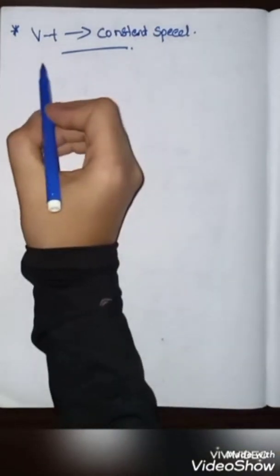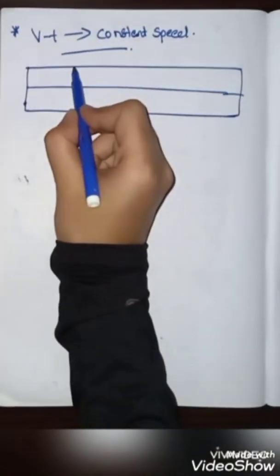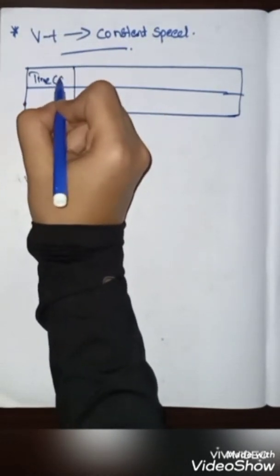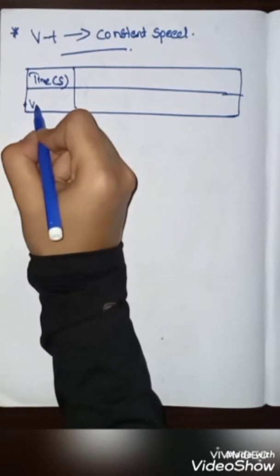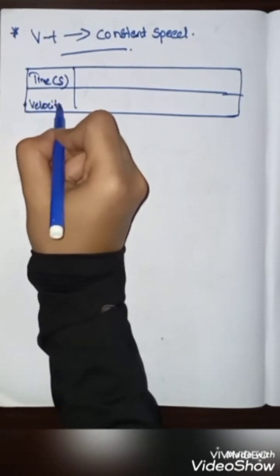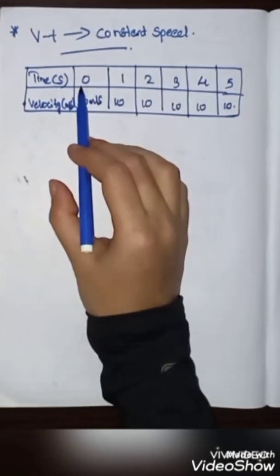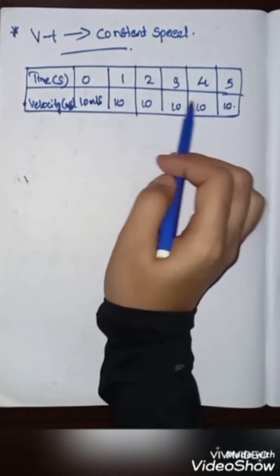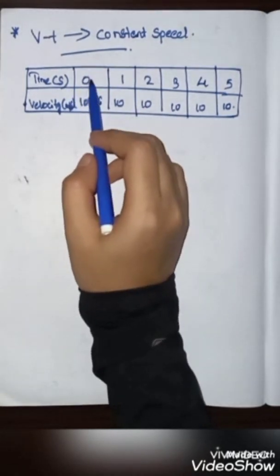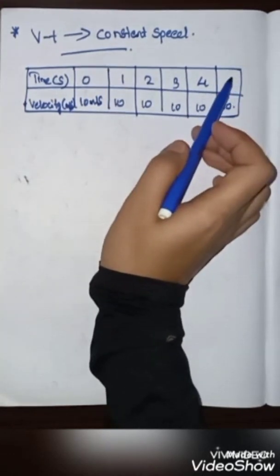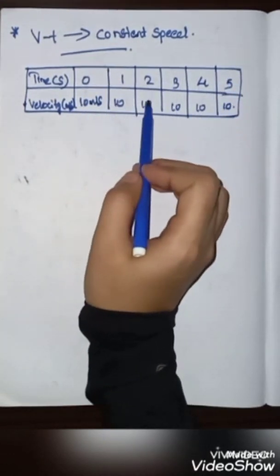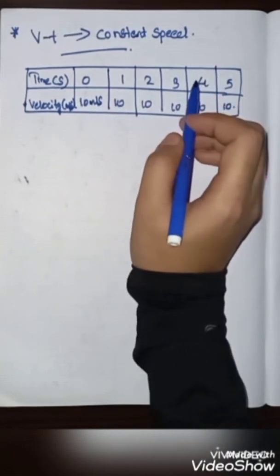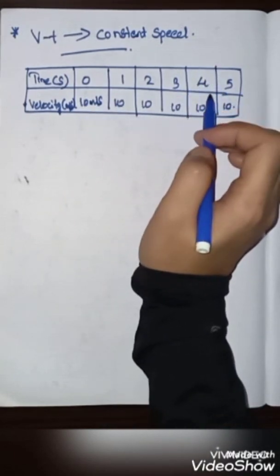Here the question gives time in seconds and velocity in meter per second. Here the velocity is constant, that is the speed is constant, and as the time passes, the speed always remains the same.